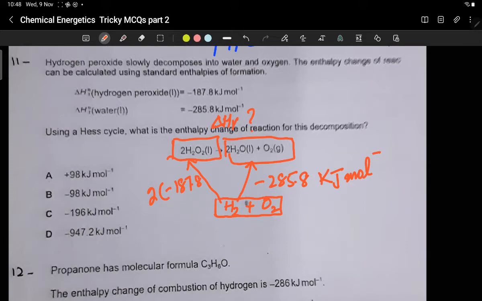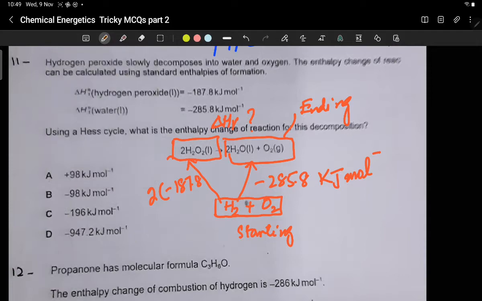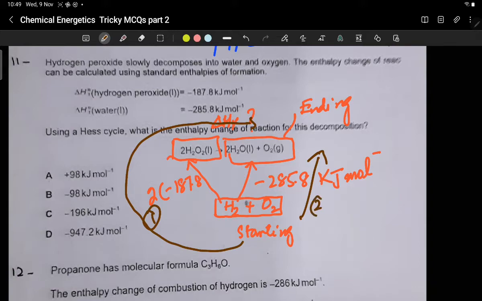So this is the starting point and this is the ending. Draw the cycle, draw the route. One route is this, this is one route, this is 2, and equalize this route.